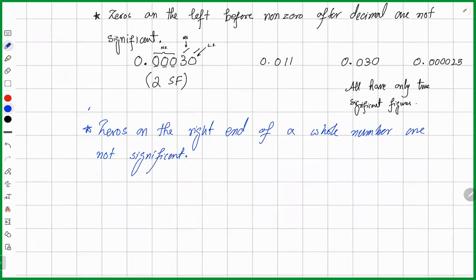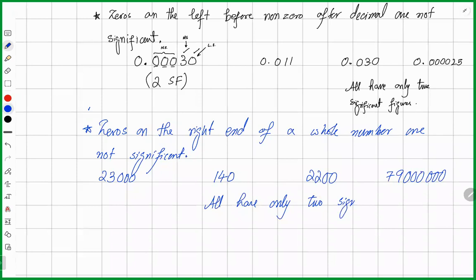Listen, 23,000, 140, 2200, 79 million all have only two significant figures.